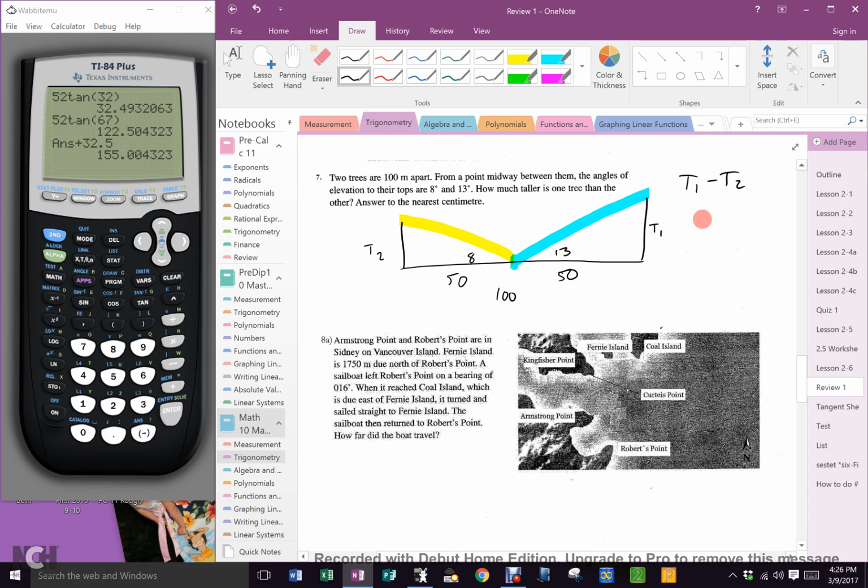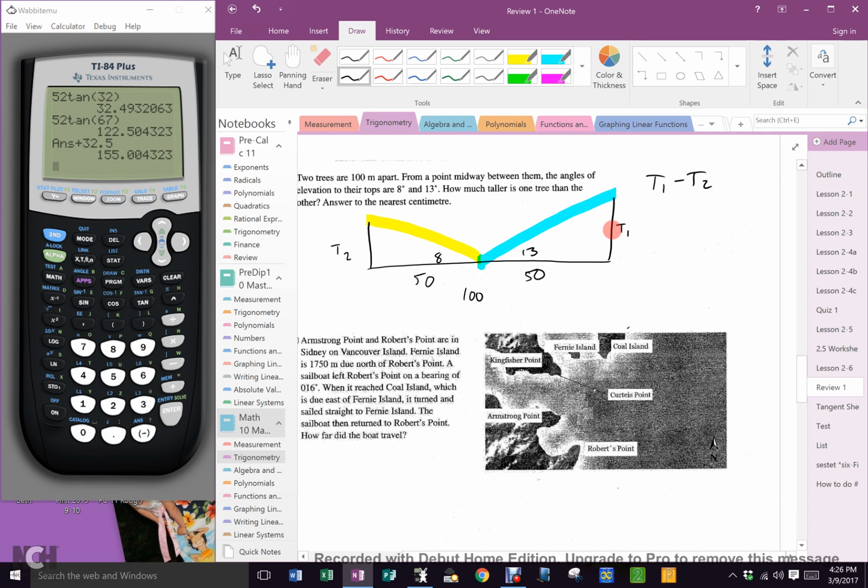So I need to do tree 1 minus tree 2. How do I find tree 1? Well, I've got a theta and an adjacent, and I need an opposite. Theta, 13, adjacent, 50, opposite is T1. Then in T2, I've got a theta of 8, an adjacent of 50, and an opposite of T2. So then I just solve them and subtract.